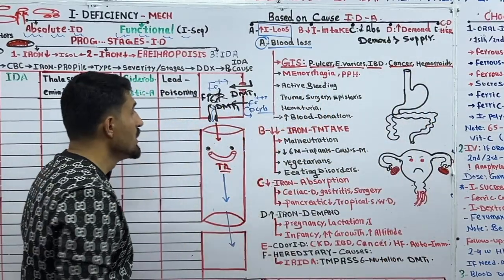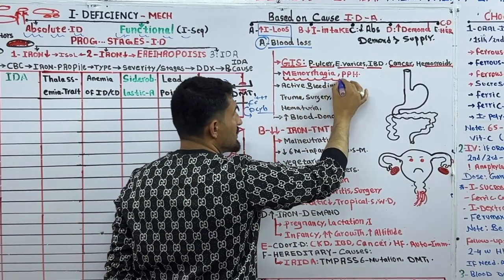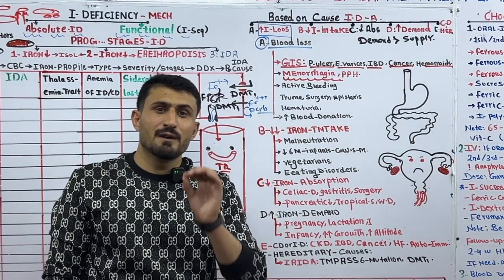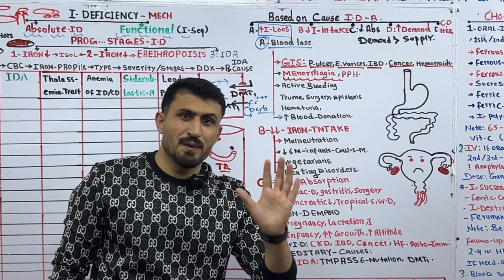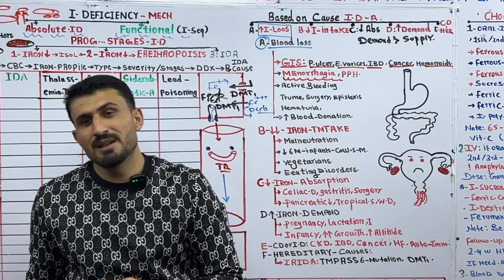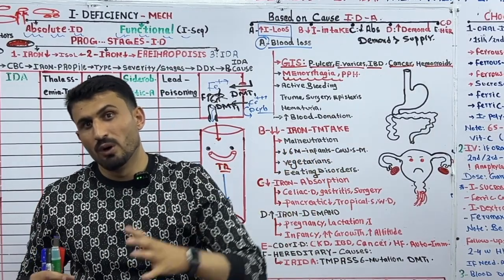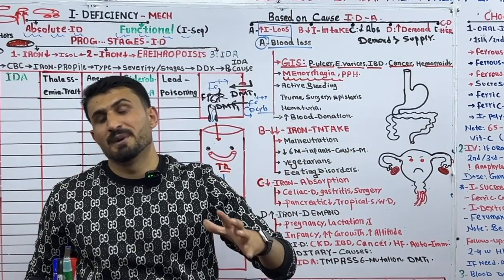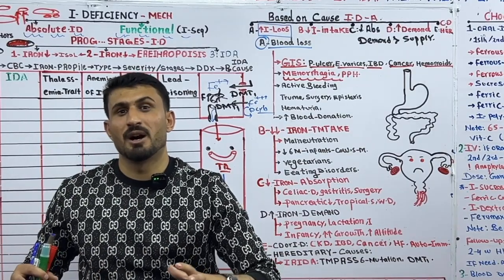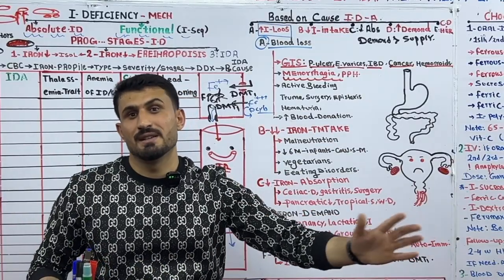Got it? The next thing that you have to rule out is menorrhagia. It means in pre-menopausal females, you have to rule out menorrhagia. Menorrhagia means that the duration of the menstrual cycle, or the blood volume lost from the body during the menstrual cycle, increases.